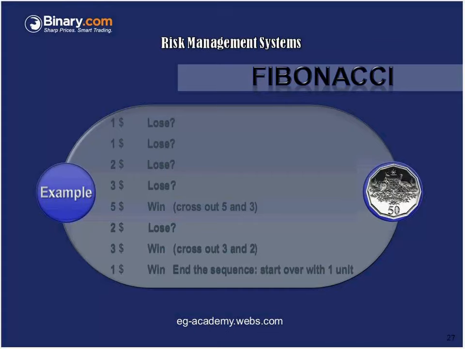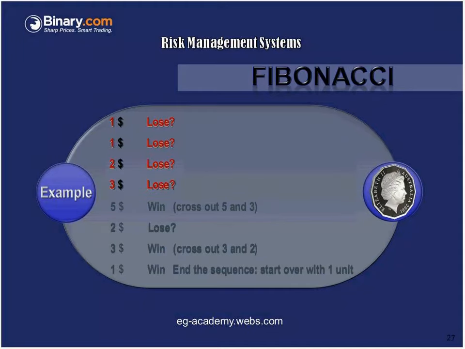In this example, you trade $1 and you lose. So you trade $1 again and you lose. You trade $2 and you lose. You trade $3 and you lose. You trade $5 and you win. So you cross out 5 and 3.